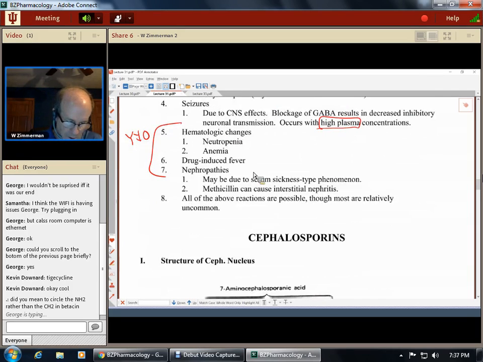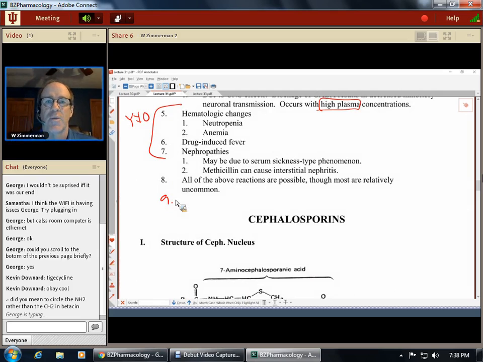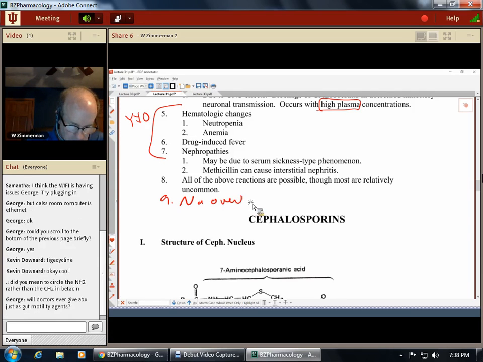I'm going to add one though, and that is be aware that these compounds, because you're given the newer ones, the Zosyn and piperacillin, in such high concentrations, can cause salt disruptions, electrolyte problems. So you can get a sodium overload with the extended-spectrum penicillins.